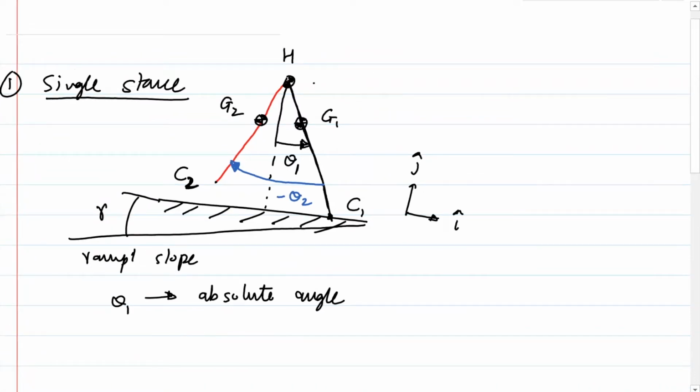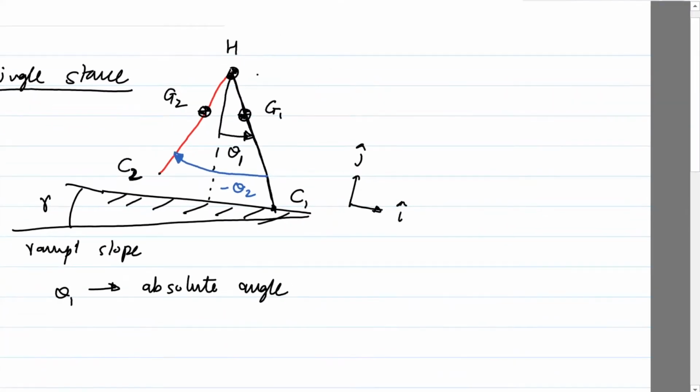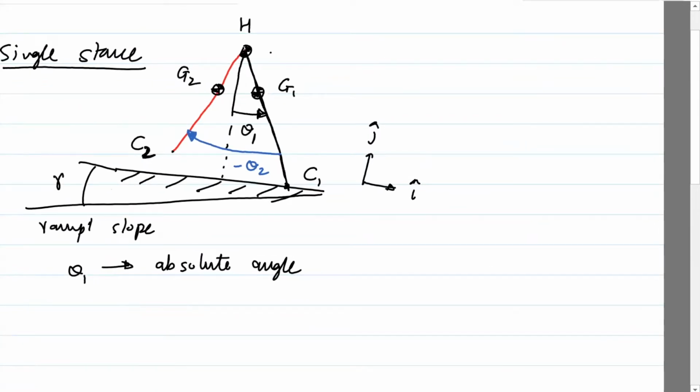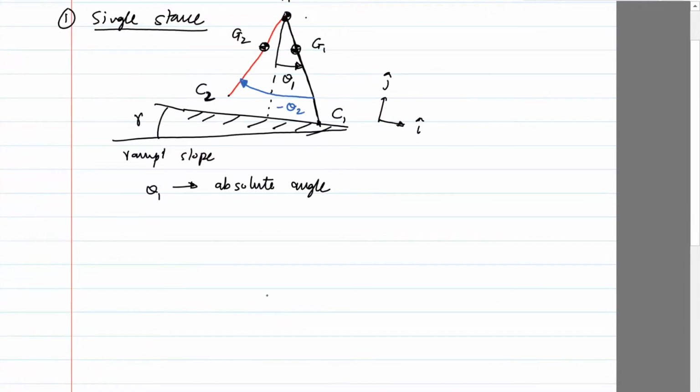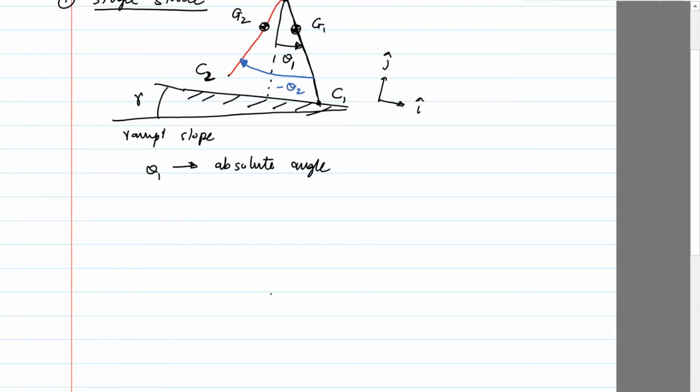The reason it's negative theta 2 is that this is slightly a weird way of looking at the figure. The way we would like to draw this, which makes it easier to think of the derivation, is we'll draw the stance leg, and then we'll draw the swing leg, but instead of putting it behind, we'll put it in front, because our convention is that positive is counterclockwise, and you'll see that in a bit.